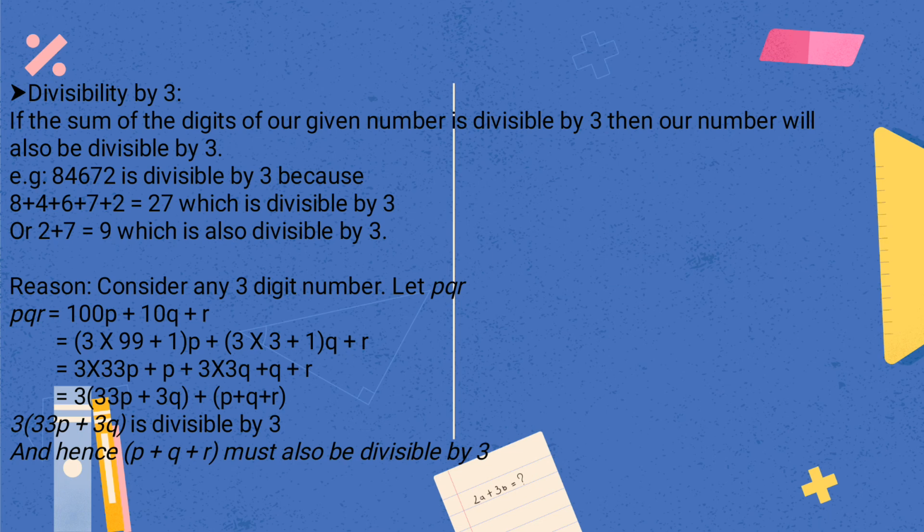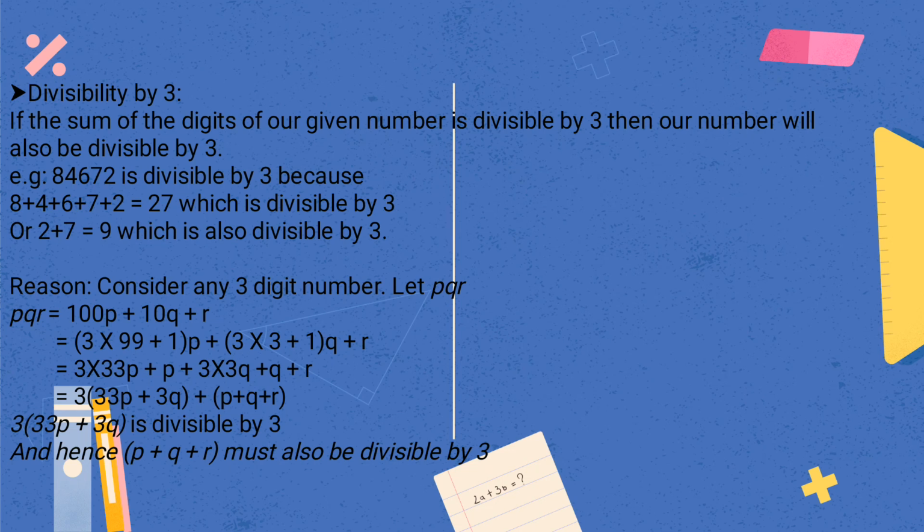Okay, so again let us consider a three-digit number, say PQR. You can take any four-digit or five-digit number also, but for the sake of simplicity I'm taking a three-digit number.